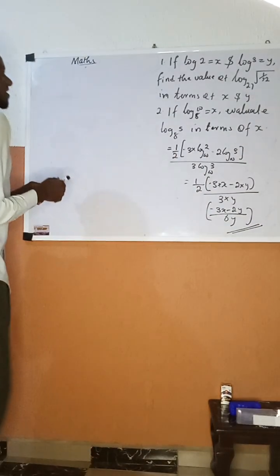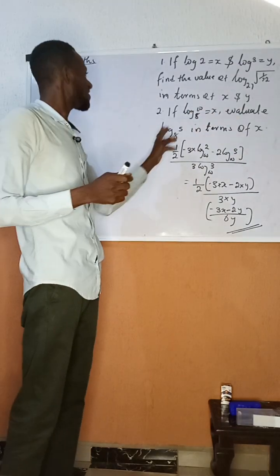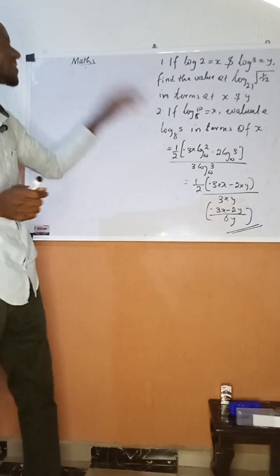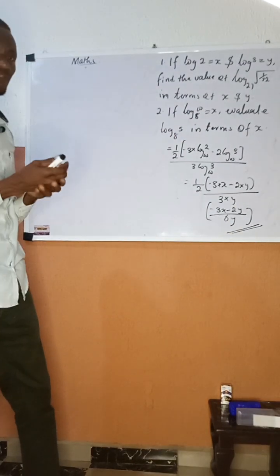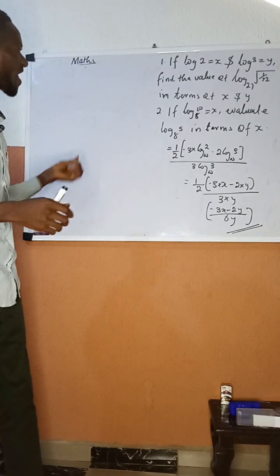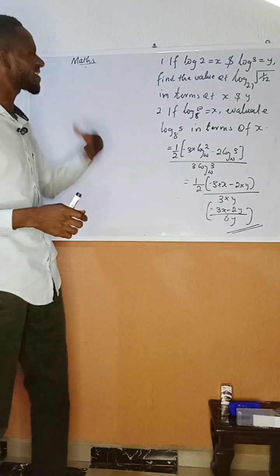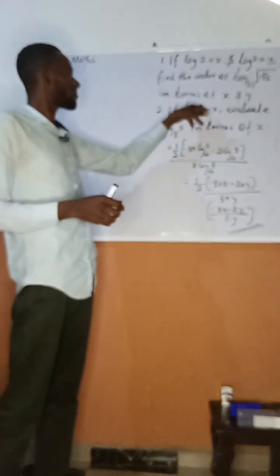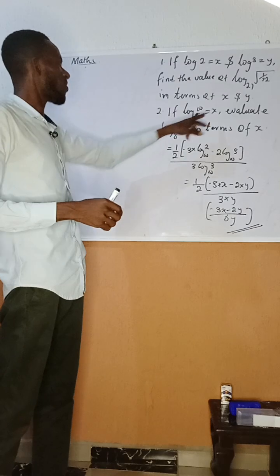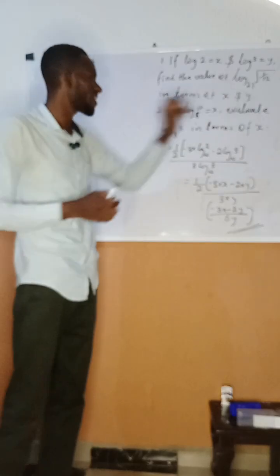Okay, number 2 says, if log 10 base 8 equals x, evaluate log 5 base 8 in terms of x. So as very close to what we did before, we are going to transform log 5 base 8 into something similar to log 10 base 8 to enable us use the value of this x to evaluate this in terms of x.